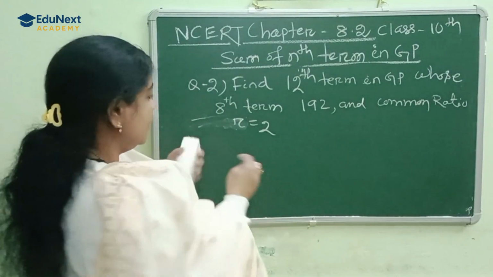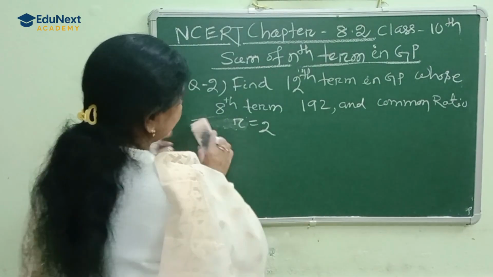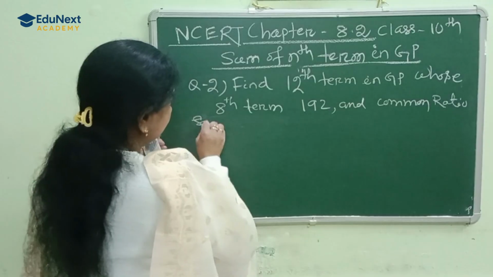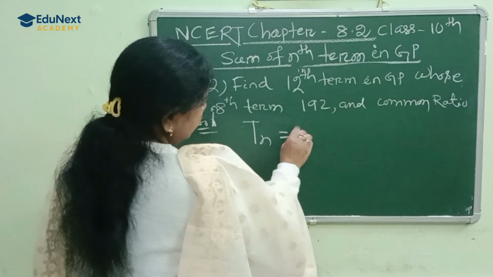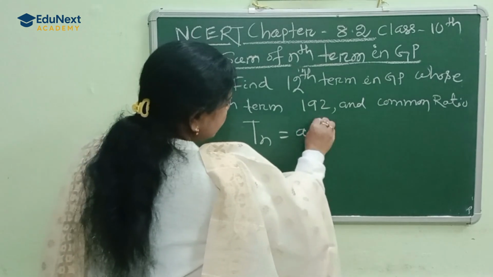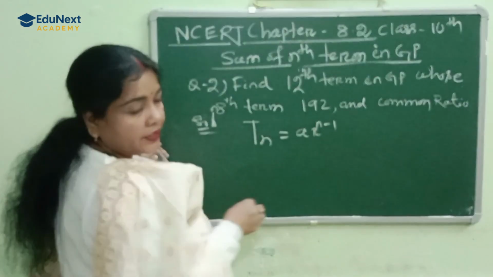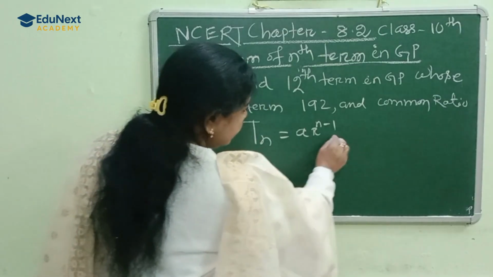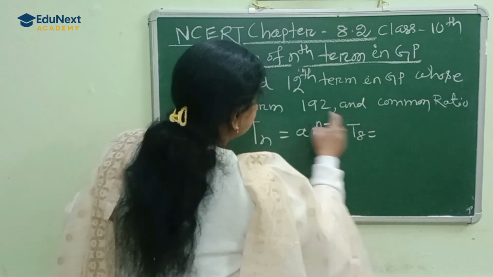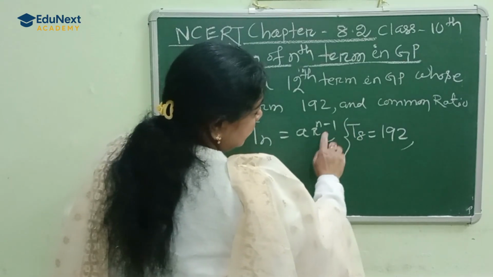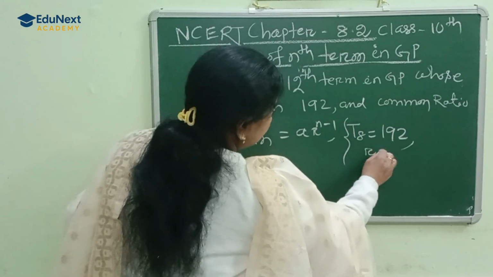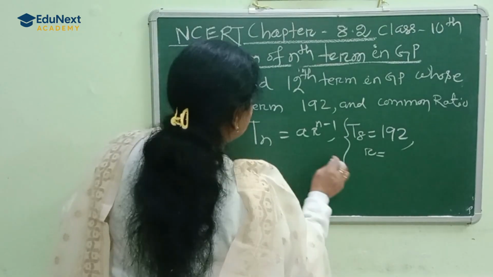How? We know the formula Tn is equal to A into R to the power n minus 1. That means T8 is given, T8 is 192, and R is given, that means 2.